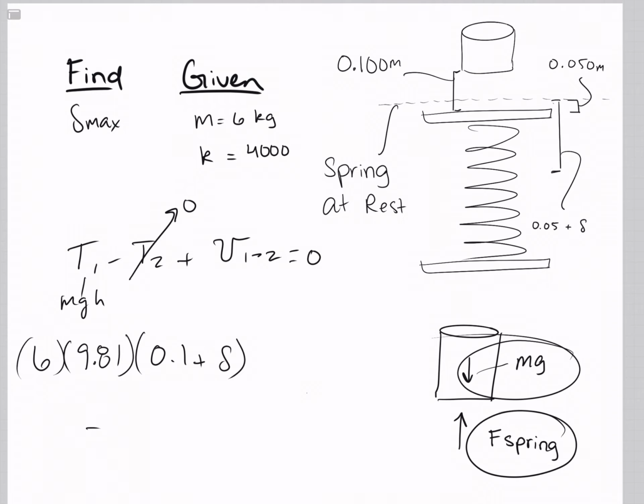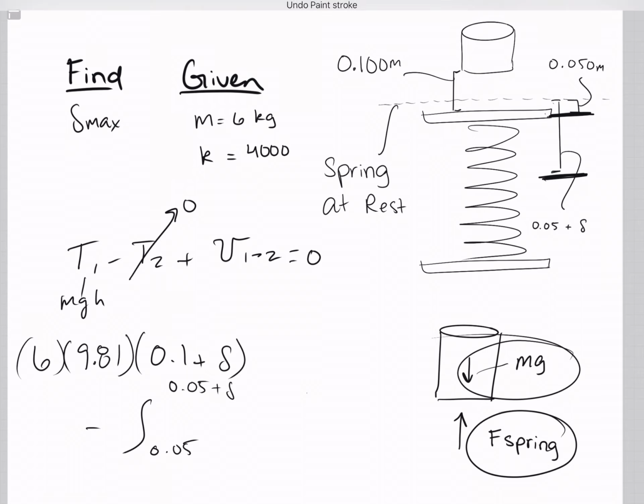Then we'll have to take into consideration this whole distance here, because there's the integration that we're about to take, and it's already been moved some, so we'll take into consideration that whole distance by doing the integral from 0.05 to delta plus 0.05. And what that looks like is 0.05 to 0.05 plus delta.